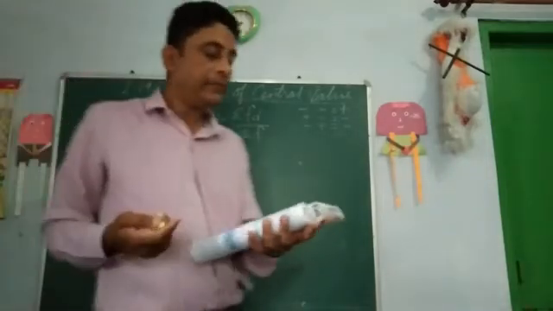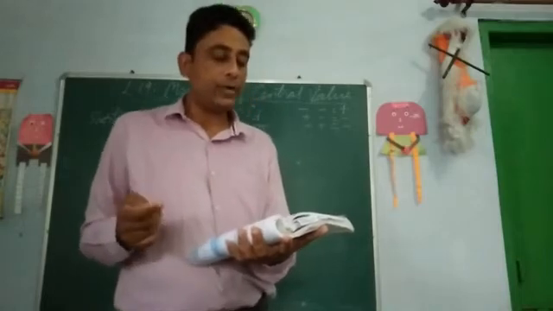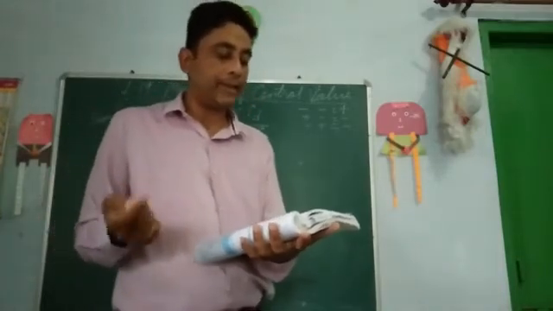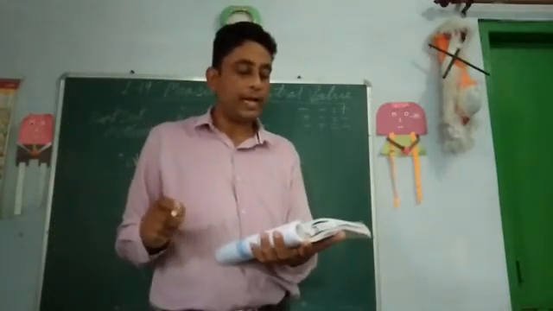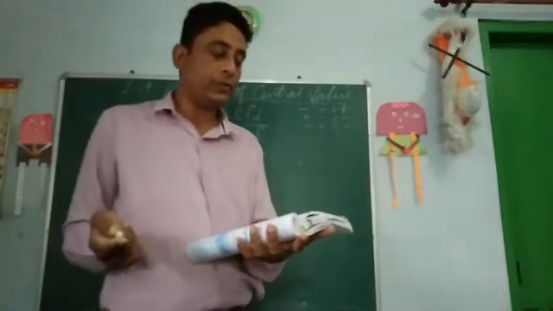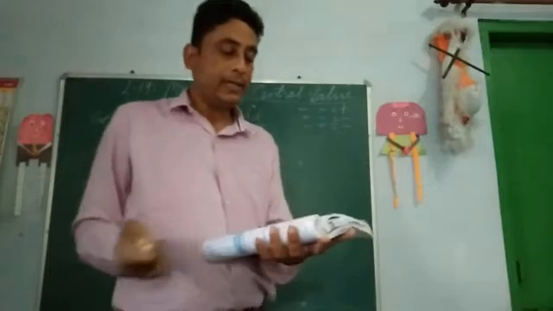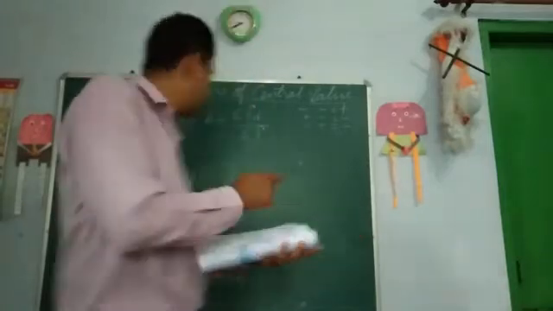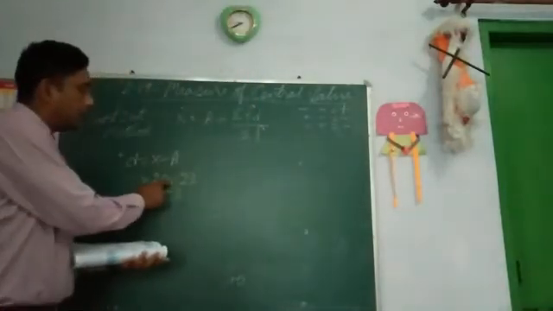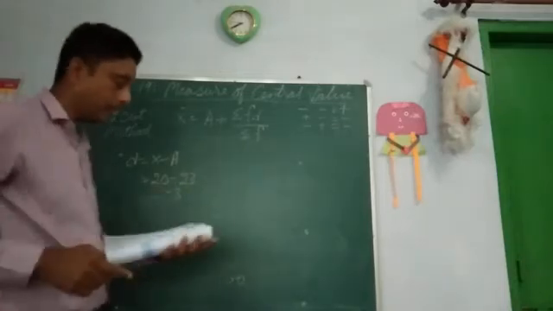Now in the same way we will do all the other things. We take out the deviations: 21 minus 23 is minus 2, 22 minus 23 is minus 1, 23 minus 23 is 0, 24 minus 23 is 1. See, the negative value has come because x is less than the assumed mean.